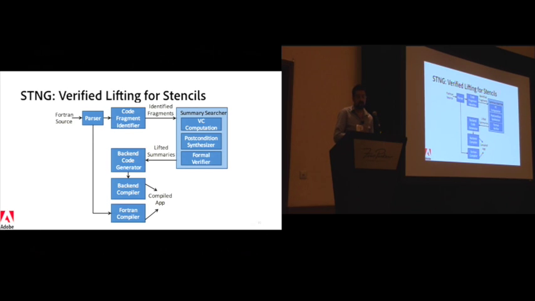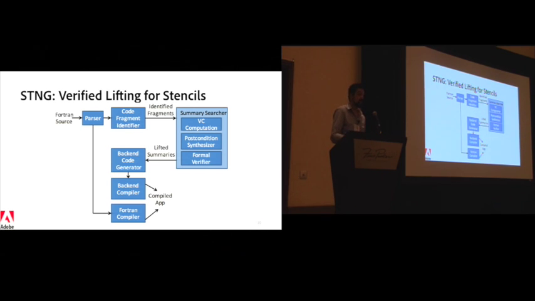Those code fragments are then passed to a summary searcher, which does the entire process that I just described. We build a template for synthesis. We run that through the sketch system. Once that's synthesized a candidate set of postconditions and invariants, we then pass that to a formal verifier.